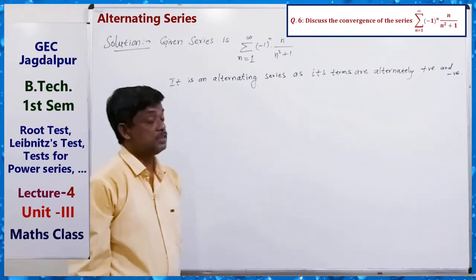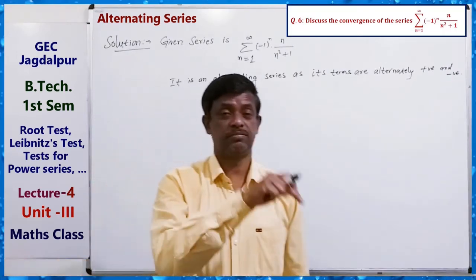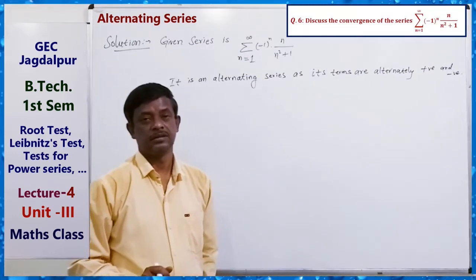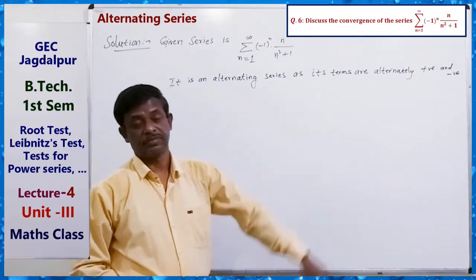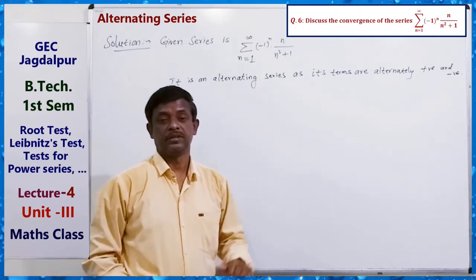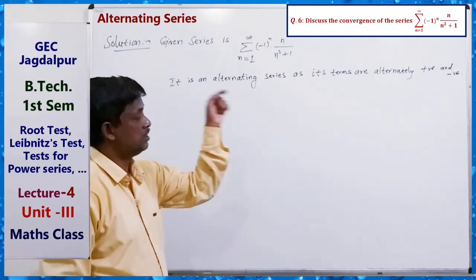For an alternating series, by the Leibniz test, we can determine its convergence or divergence, if each term is numerically less than its preceding term and un tends to 0.